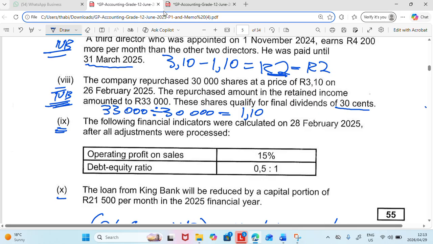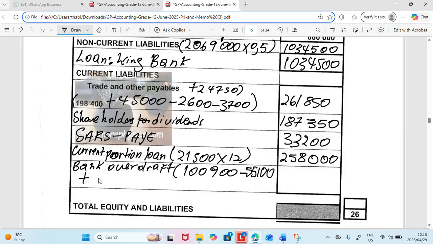So this is what you need to do, plus that 30,000 times 3 rands 10 cents. Then you can press your calculator. You are taking the 100,900 minus 55,100 plus, open bracket, 30,000 times 3 rand 10 cents.